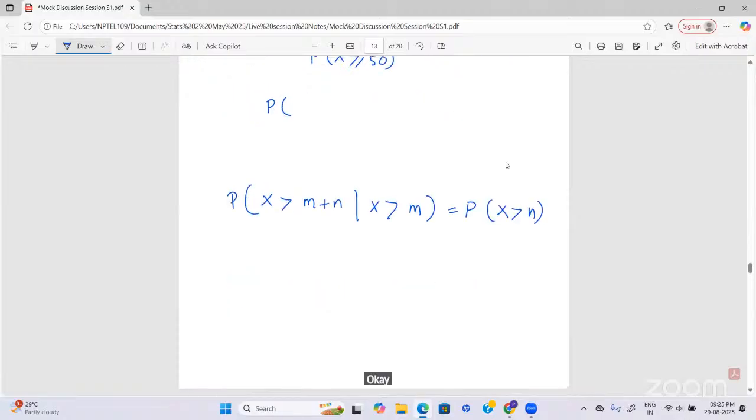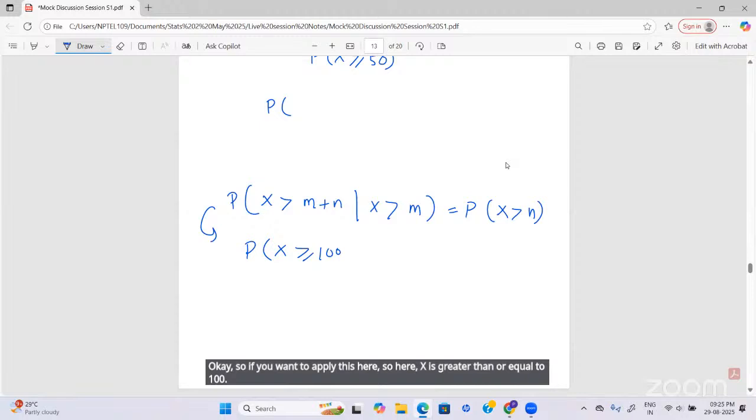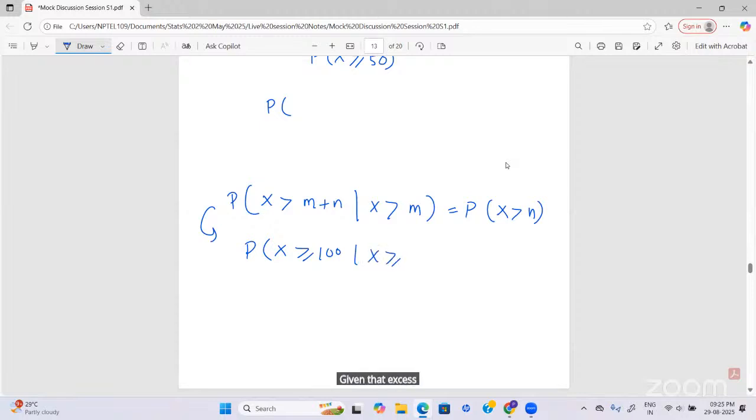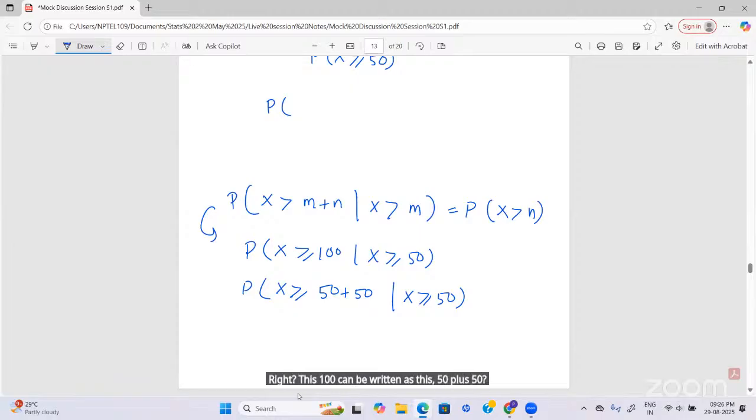If you want to apply this here, X is greater than or equal to 100, given that X is greater than or equal to 50. You can write 100 as 50 plus 50, yes or no?